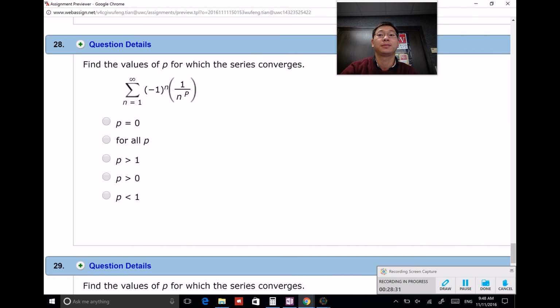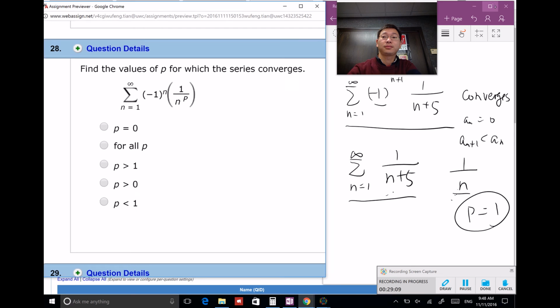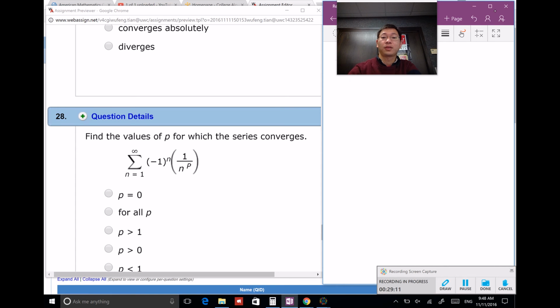Zijian, could you please tell me? If p is larger than 1, it converges. Okay, so you think that square root of p will not converge? So how about this one?